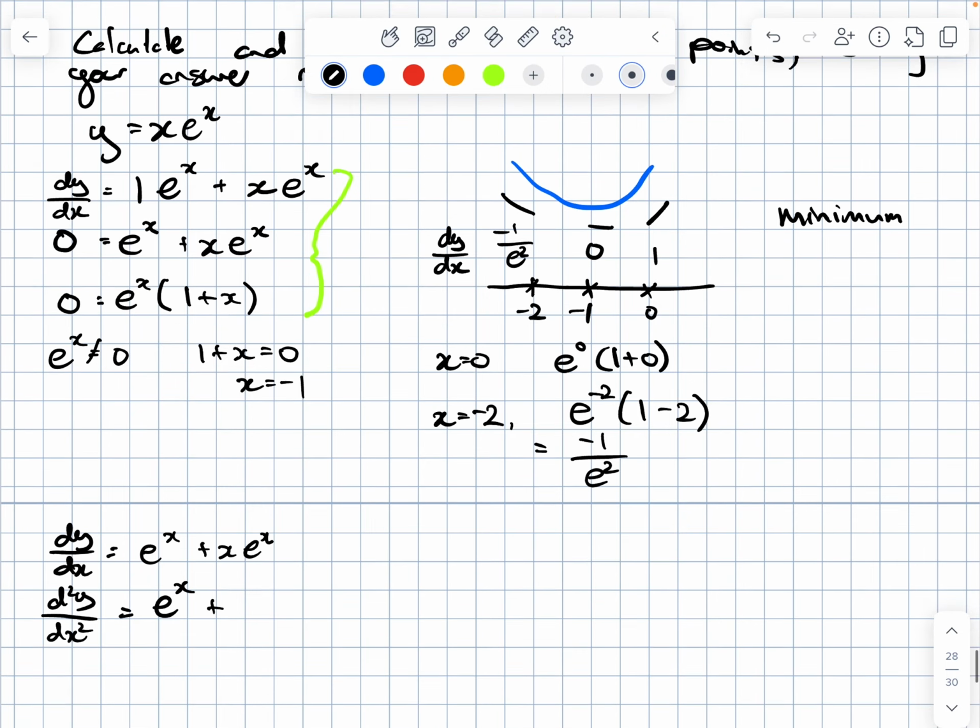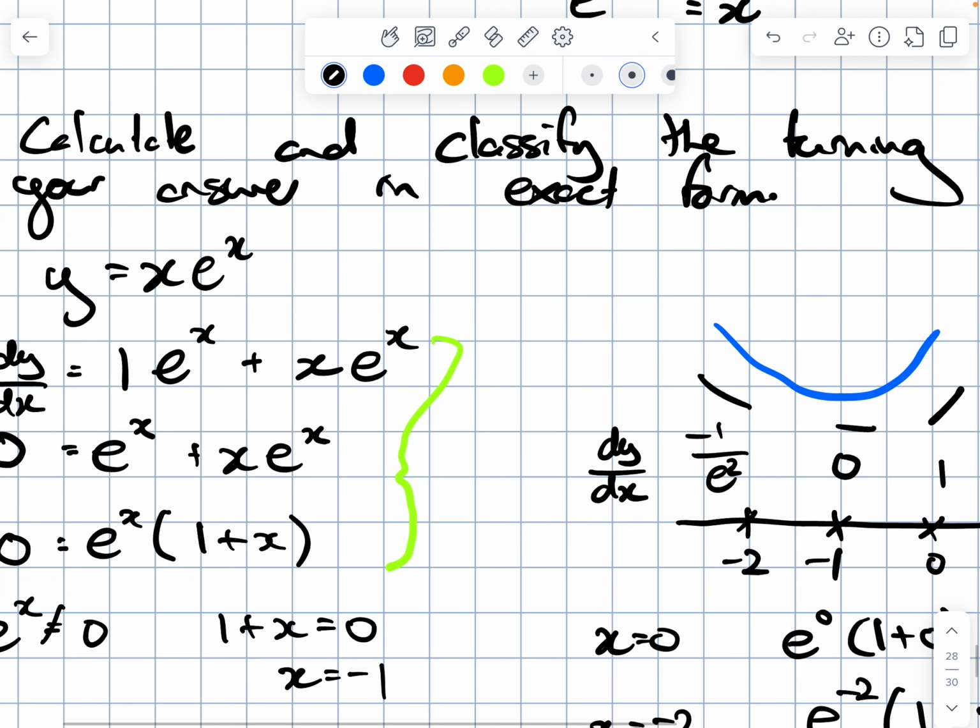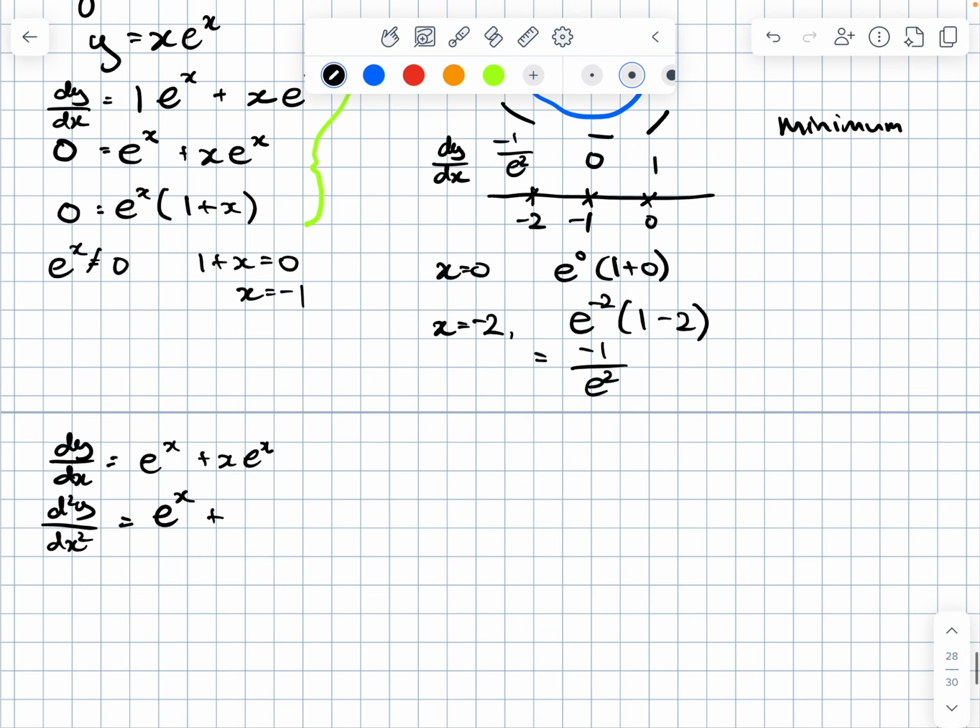The original question was x e to the power of x. So this will differentiate to the first derivative, e to the power of x plus x e to the power of x, which gives you 2 e to the power of x plus x e to the power of x, which if you want you can factorize e to the power of x out, and 2 plus x.